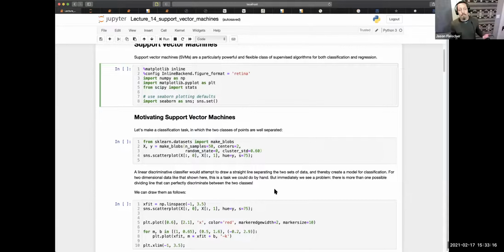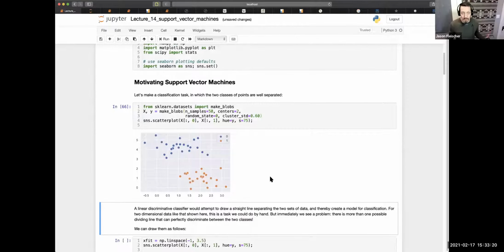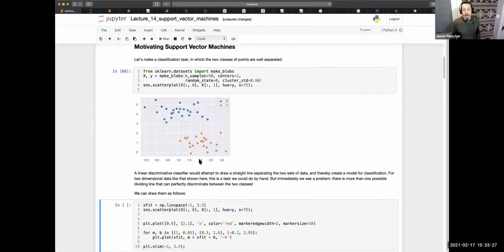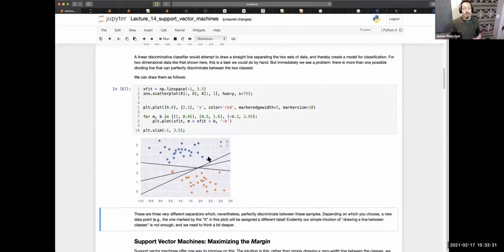So we're already familiar with the generic idea of the linear support vector machine. We've got some data points, and we want to draw some line in between that best separates these two kinds of classes. And we know that if we draw a line that looks like this one, that's maybe suboptimal in some way.